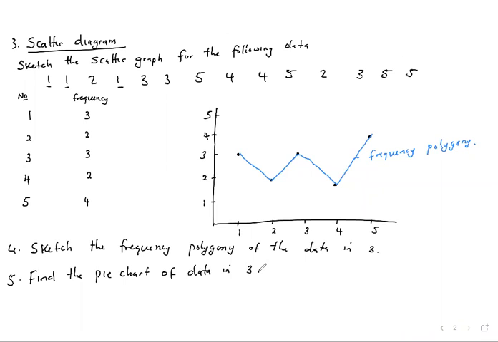To find the pie chart, you add the frequency first. Get the sum of the frequency. So we have 3 plus 2 plus 3 plus 2 plus 4. We get 14. So the sum of the frequency is 14.